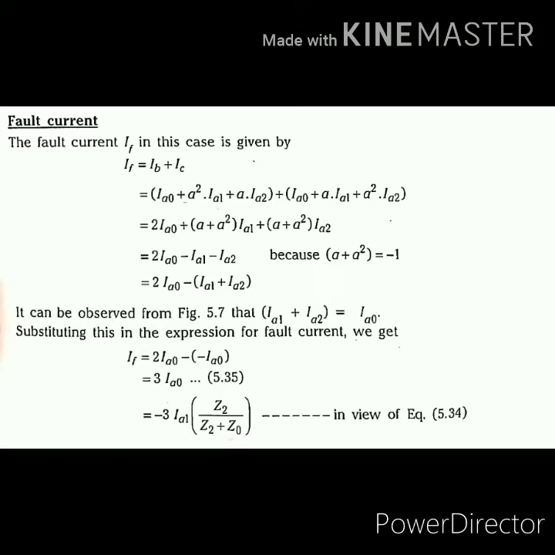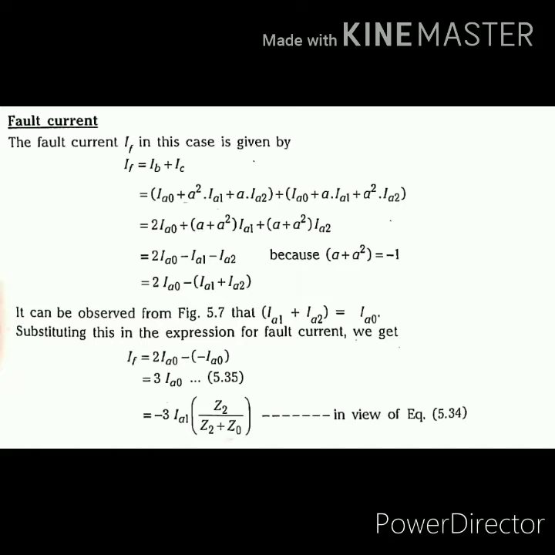Next we have to find the fault current. Fault current IF, we know, is equal to IB plus IC. Again we substitute IB and IC as we know the equations. In the next equation we have taken IA1 common out and IA2 common out, and A plus A square is substituted as minus 1.